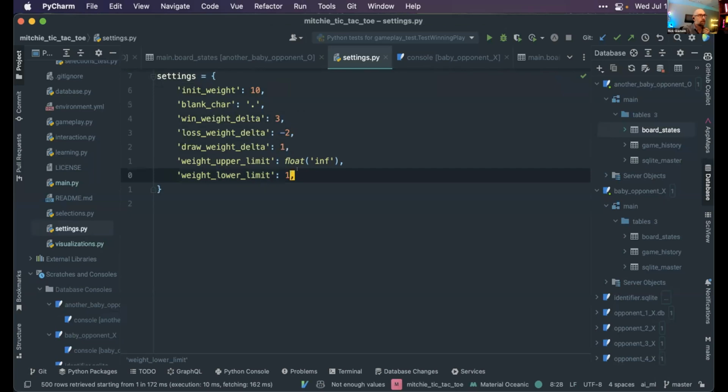Right now, like you saw in those big databases before, it was like 250,000 versus 1, but there is no upper limit on that one right now. So you can actually put a cap on it so that it'll only get so high, and then put a lower limit on it as well. So it's still likely to mess up. It's still likely to make these non-optimal plays. Yeah. That's awesome. Thank you.